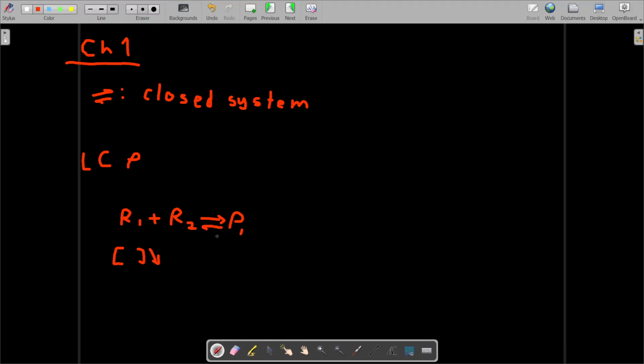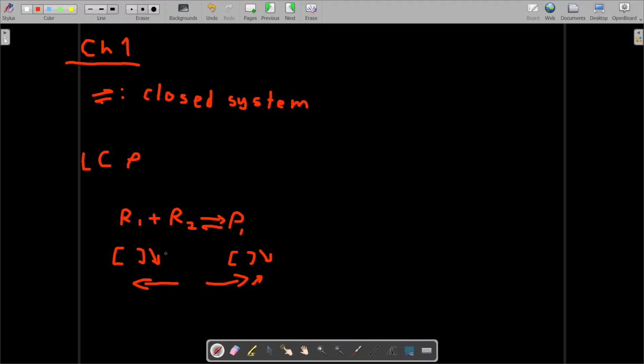So let's say this team has fewer people, but maybe it has an advantage over the team with more people. How are we going to give advantages to the team with fewer things? If you decrease the concentration on the reactant side, the equilibrium is going to go towards this side and go back and increase the concentration here. But if you decreased the concentration on the product side, it's going to go towards this side and increase its concentration, because it's trying to give the team with less an advantage.